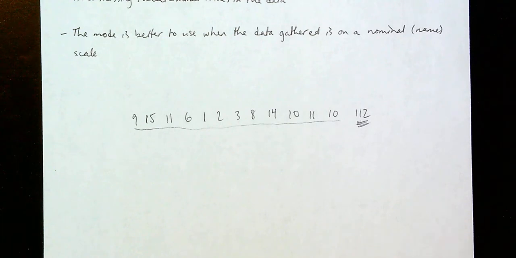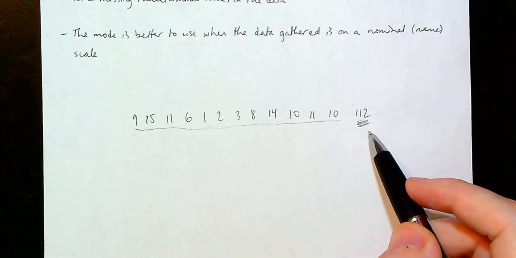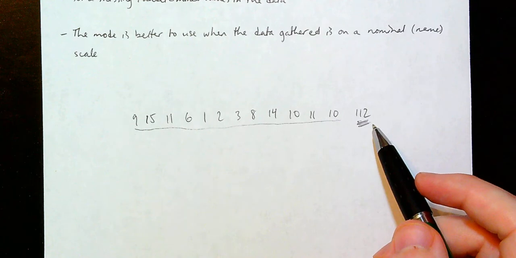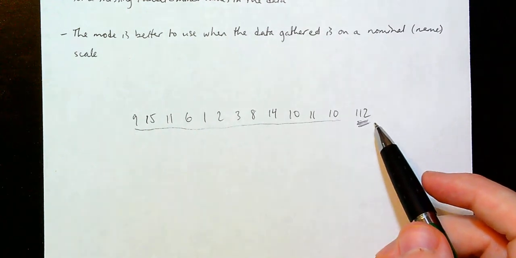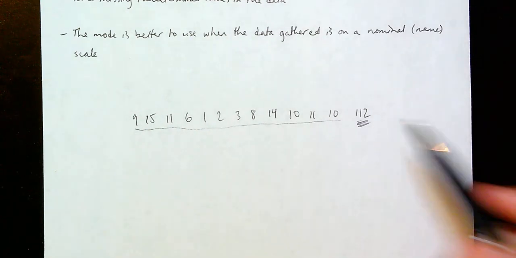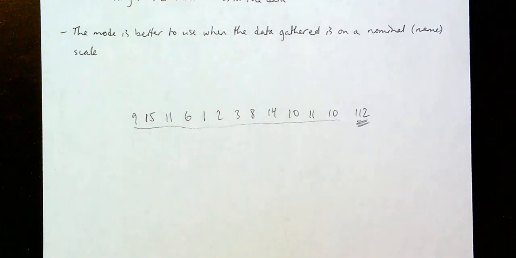So having a value that is significantly larger or smaller compared to the other data that's all kind of hanging near each other is going to drastically impact the mean if we were to calculate it. So going with the median rather than the mean would give us a better sense as to what the true average is going to be.